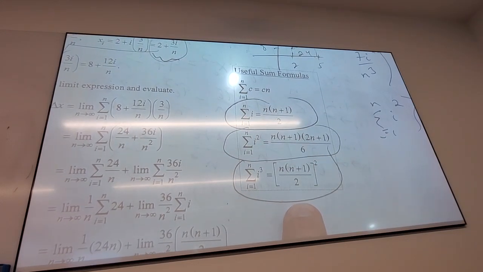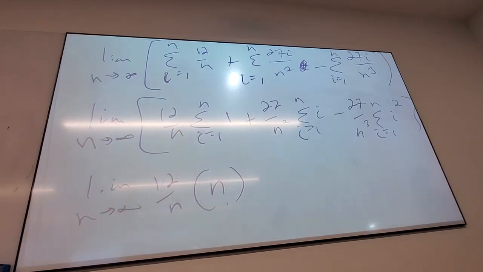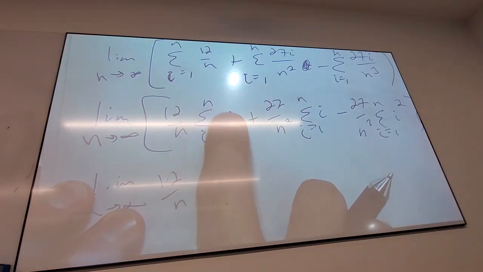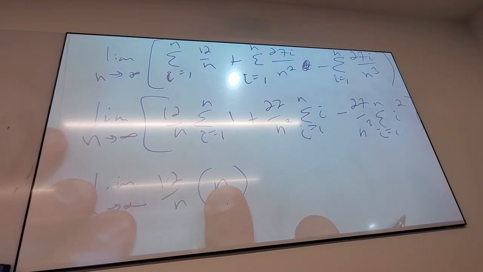Don't freak out. If I add up 5 10 times, 5 plus 5 plus 10 times, what do I get? 50. So if I add up 1 N times, I get N times 1. Okay, good.